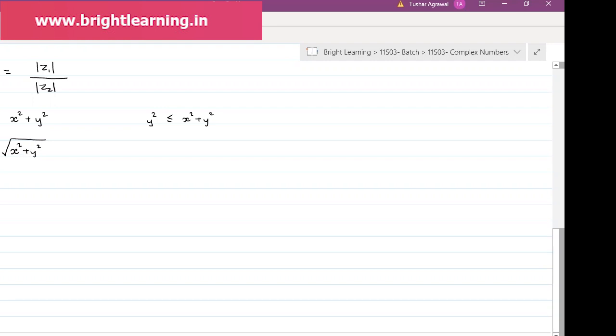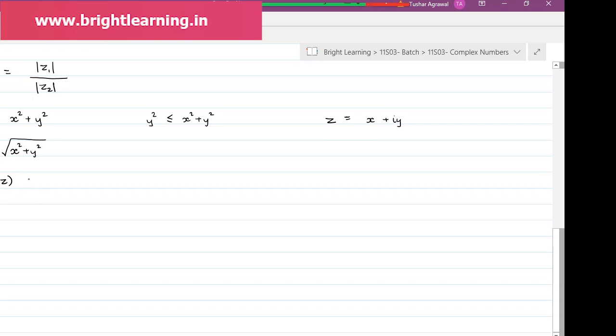If I write this inequality, with z equal to x plus iy, the real part of z, that is x, its magnitude cannot be greater than this.